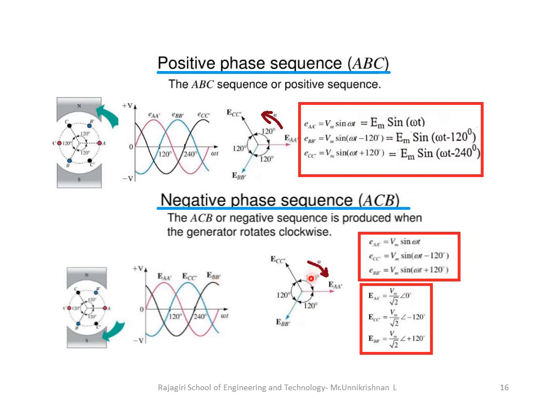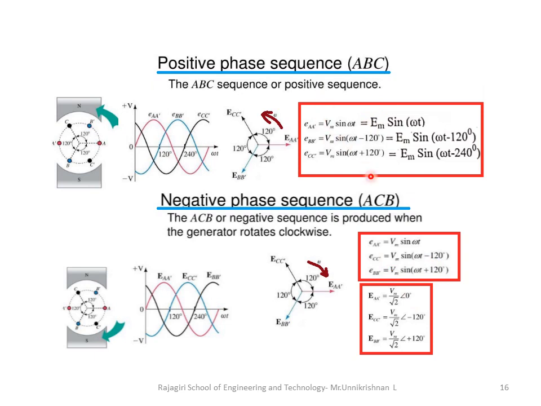So how can you write the equation? The first equation is of E A dash, which is given by Vm sin omega t. The next phase is C, so the C equation will be Vm sin(omega t minus 120). So in positive phase sequence, what is different?